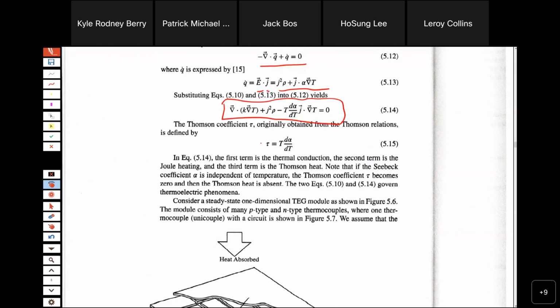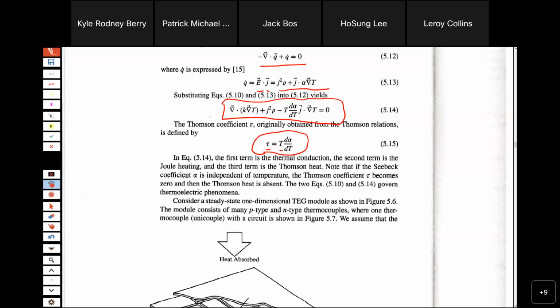Now, we can solve this, but sometimes we have a difficulty. Also Thomson defined the Thomson coefficient. What is the Thomson coefficient? It is temperature times the gradient of the Seebeck coefficient with respect to temperature. If Seebeck is changing with temperature, the Thomson coefficient turns out.